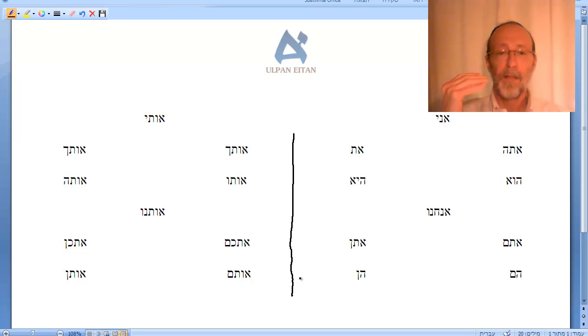Now, they're significant and they're important, and one of the things that I try to point out to people to appreciate how critical these two charts are is that in these particular charts you have a total of 8 words for one English word. The one English word is you. So you have a you, and you have another you, which is going to be a feminine, and you have a you and another you, which is going to be a feminine.